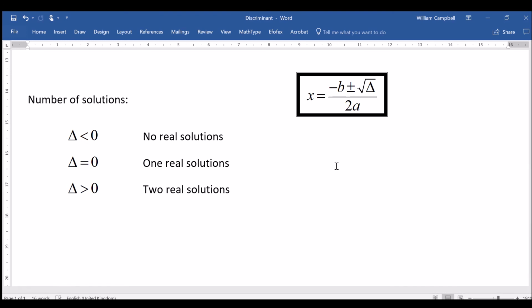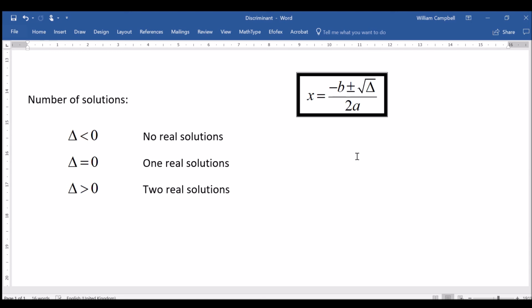In our quadratic formula, and I've simplified it a little bit here, if the discriminant is less than 0, then we get no real solutions because we can't square root a negative number. If the discriminant is 0, and this is the situation we haven't talked about, then we get plus or minus the square root of 0, or plus or minus 0.